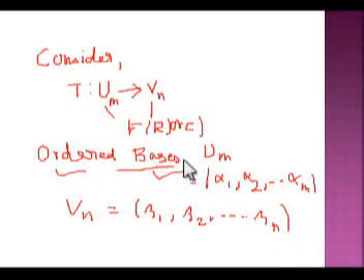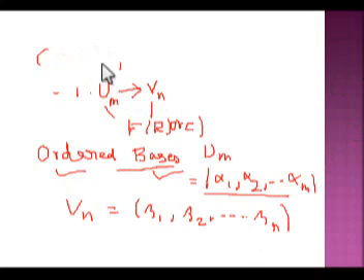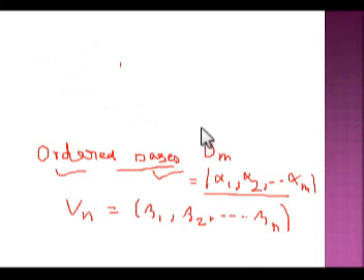Now we have to deduce a matrix which is relative to the transformation. So how can we obtain it? You have to remember first that the ordered basis for U is alpha 1, alpha 2, up to alpha m, and for V is beta 1, beta 2, up to beta n. Now I am creating the matrix in this way.